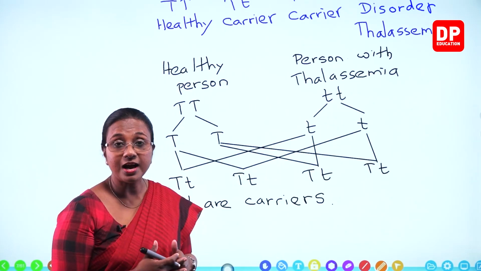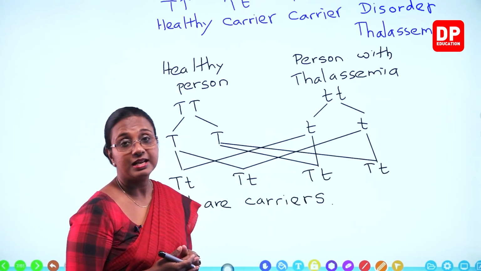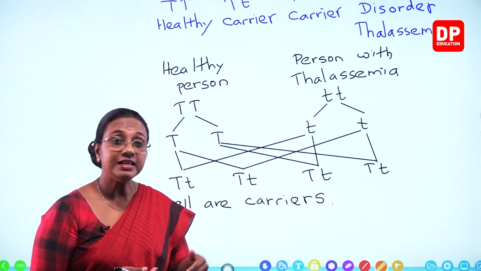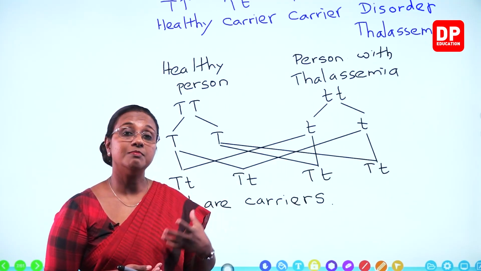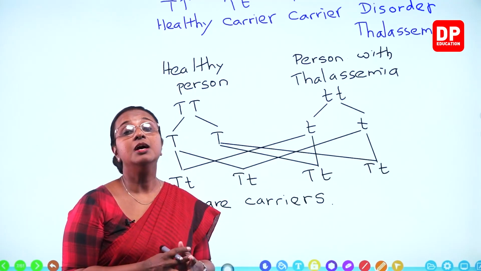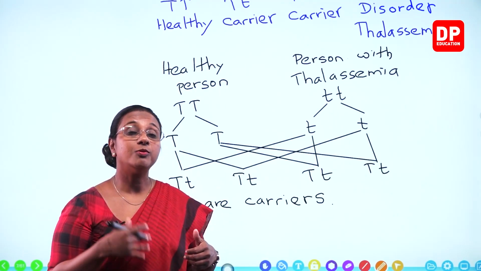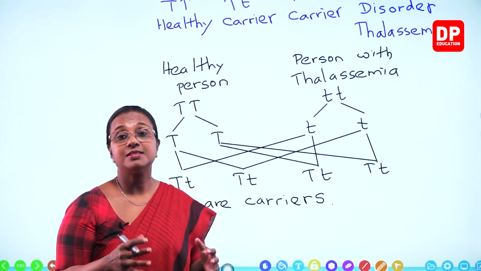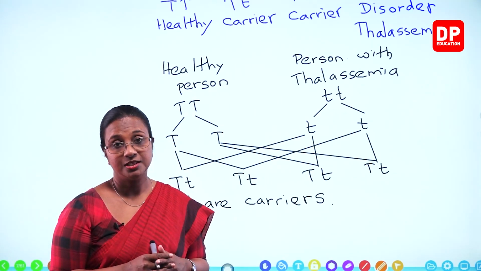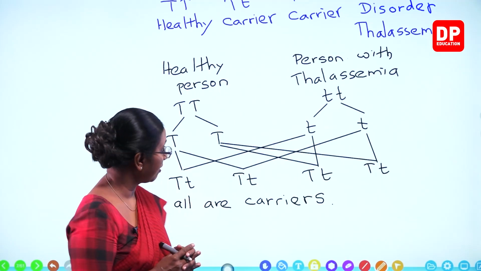Then there is a very high possibility that there is thalassemia. Like that, when it keeps on happening, the recessive gene becomes more and more in a population. So the people who are carriers and people who have the disease increase in the population. Can you all understand that now?